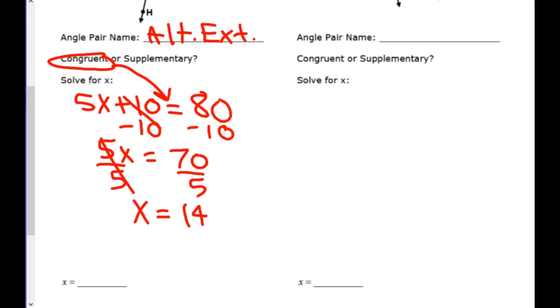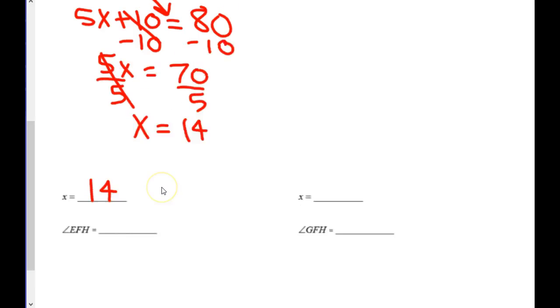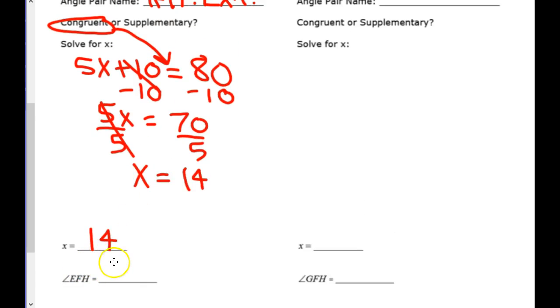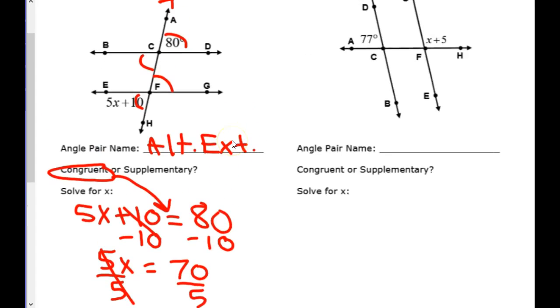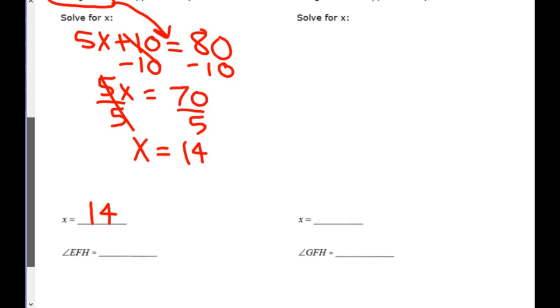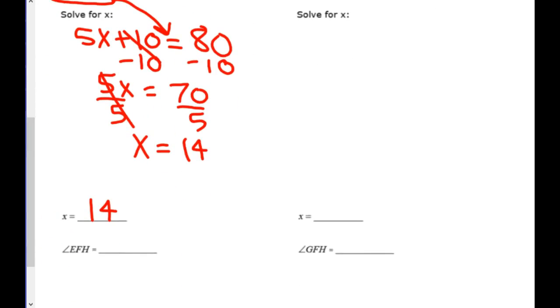Okay? But remember, we're looking for more than just the x when we do these. Well, let's fill that in. X equals 14. Cool. I am actually looking for EFH. So look up here. EFH is 5x plus 10. So what I can do is I'm going to write 5x plus 10 in a different color.